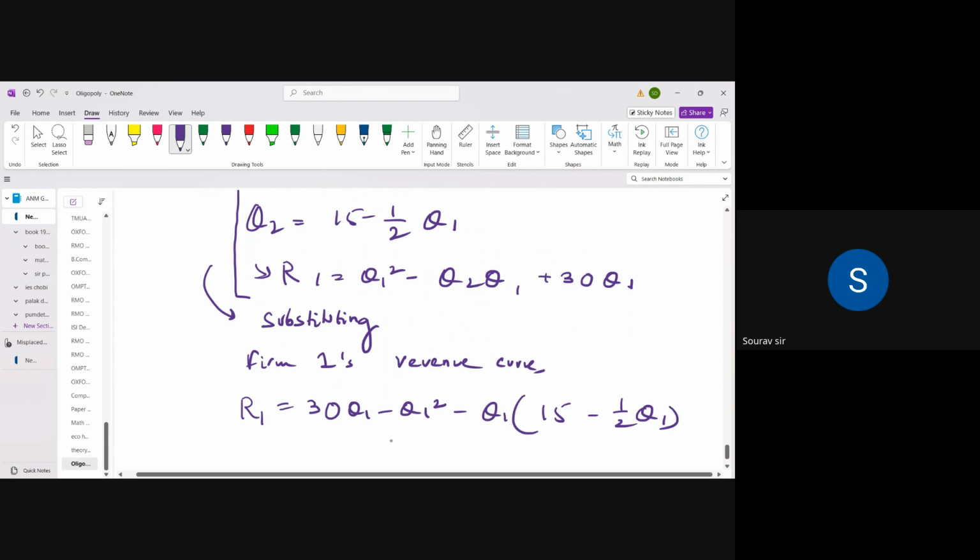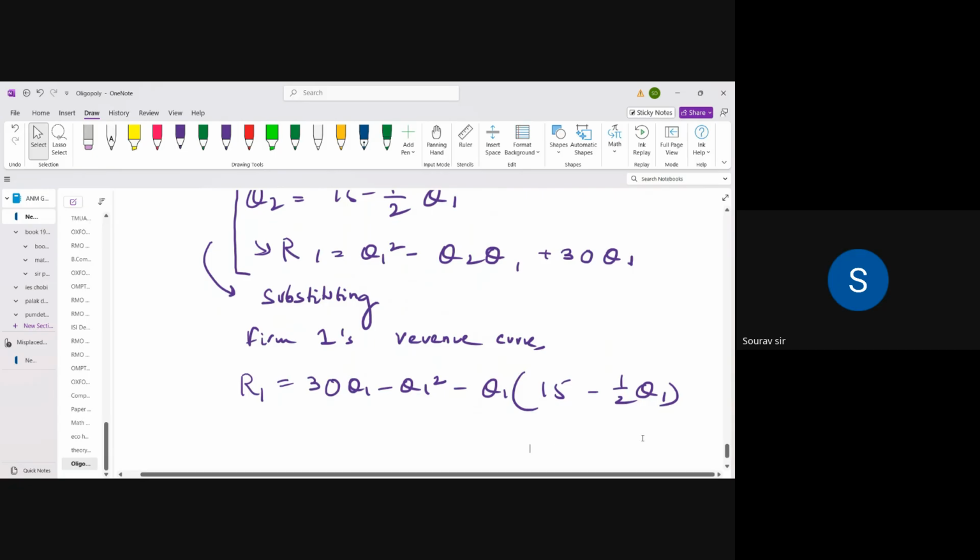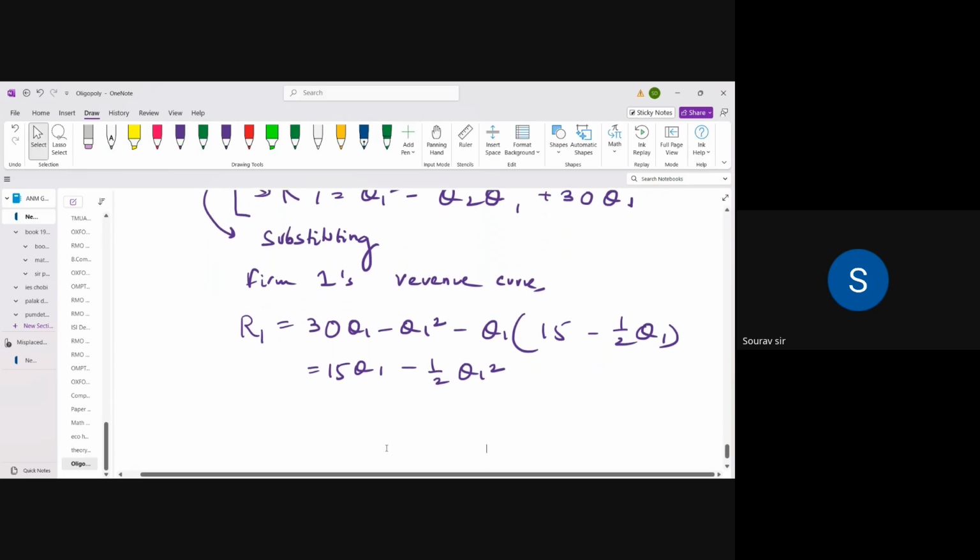If you solve, you get 15Q1 minus half of Q1 square. And its marginal revenue will be del R1 over del Q1, that is 15 minus Q1.